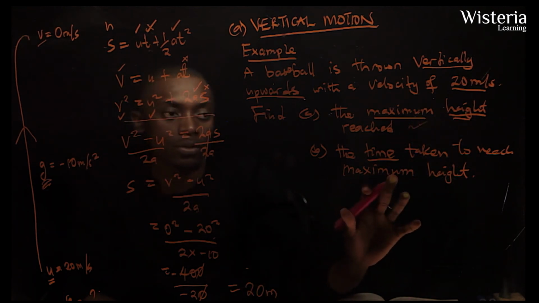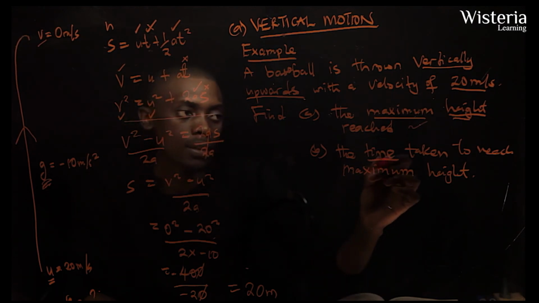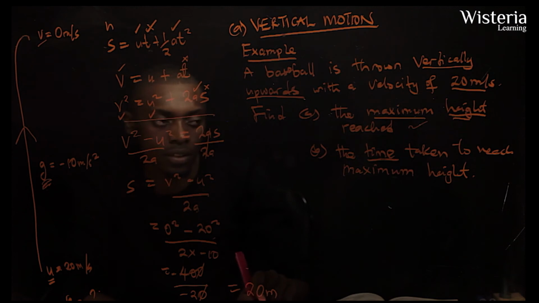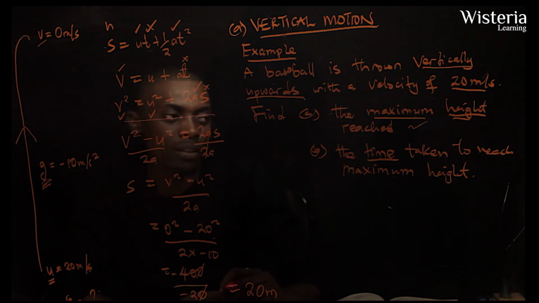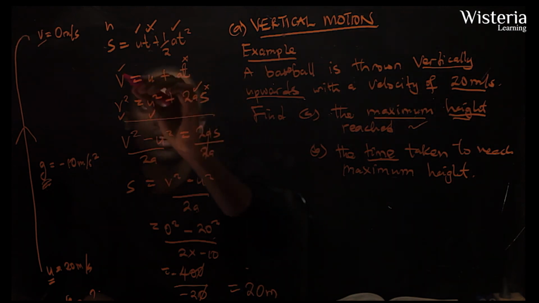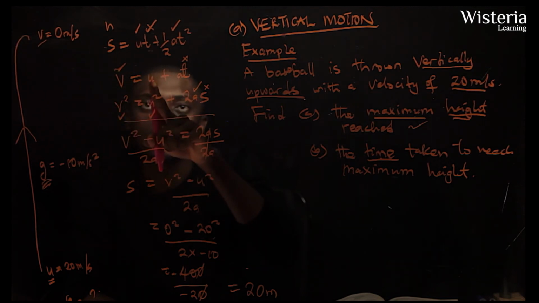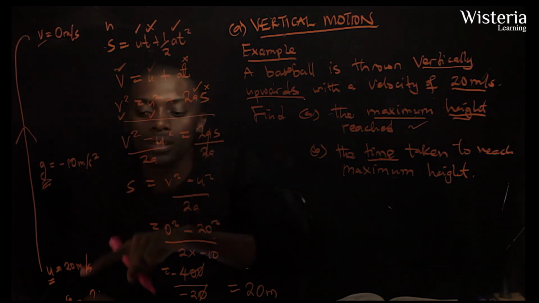We can go down to this one and try to solve for it. Here we want to find the time taken to reach this distance. So in order for us to find an equation, again we need to find the equation which has all the variables. If I check this equation here, I have my final velocity, which is 0. I have initial velocity, which is 20.